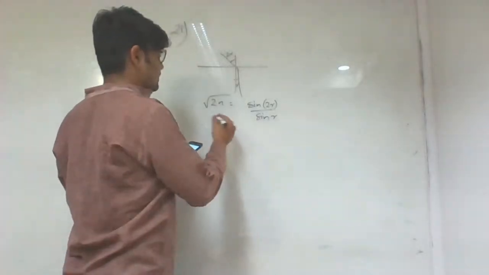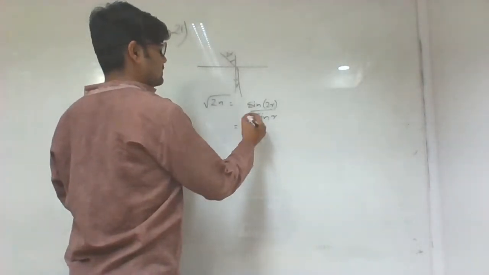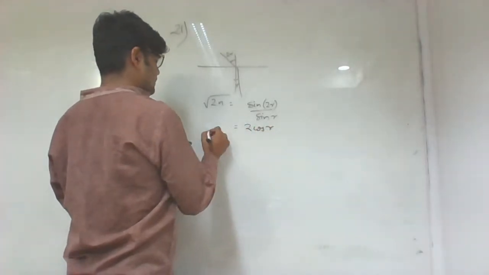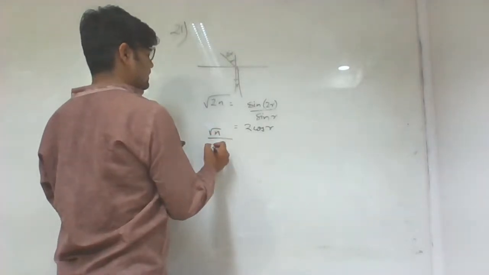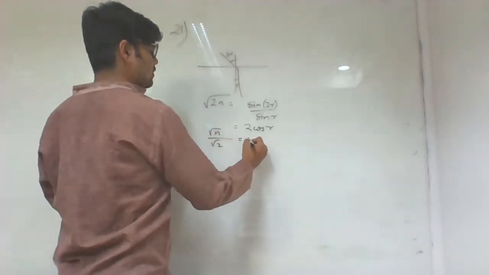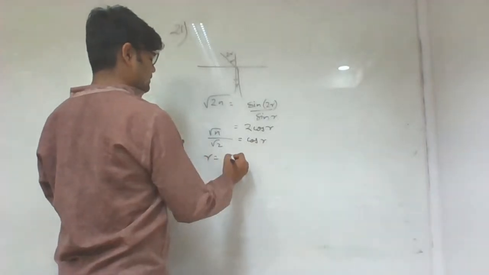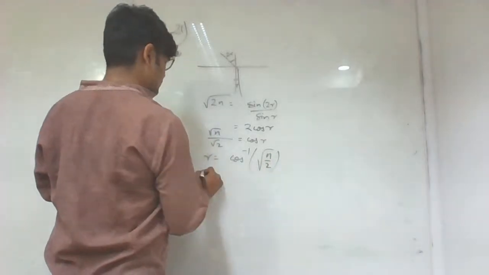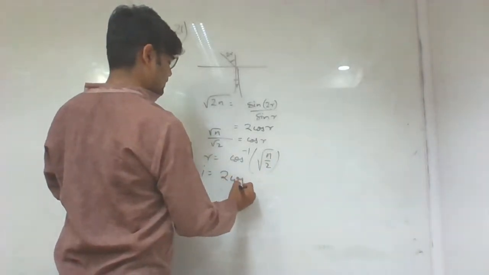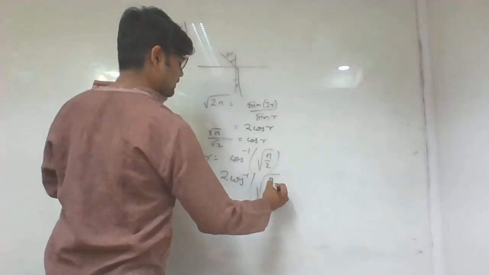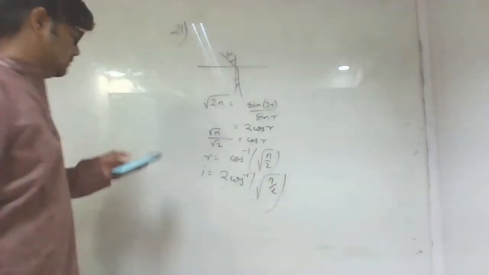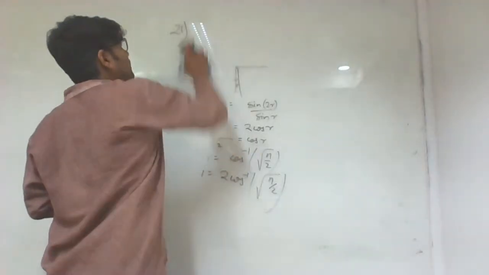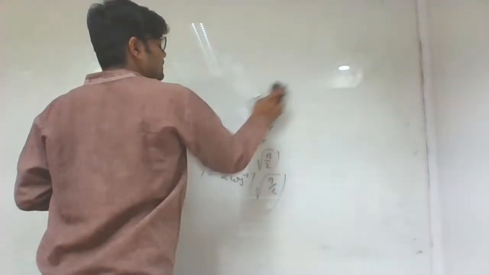So this is 2 cos r. Simply, root n by 2 cos r. r is cos inverse root of n by 2. So the incidence angle is twice of that, 2 cos inverse root of n by 2. Question number 21 is done.